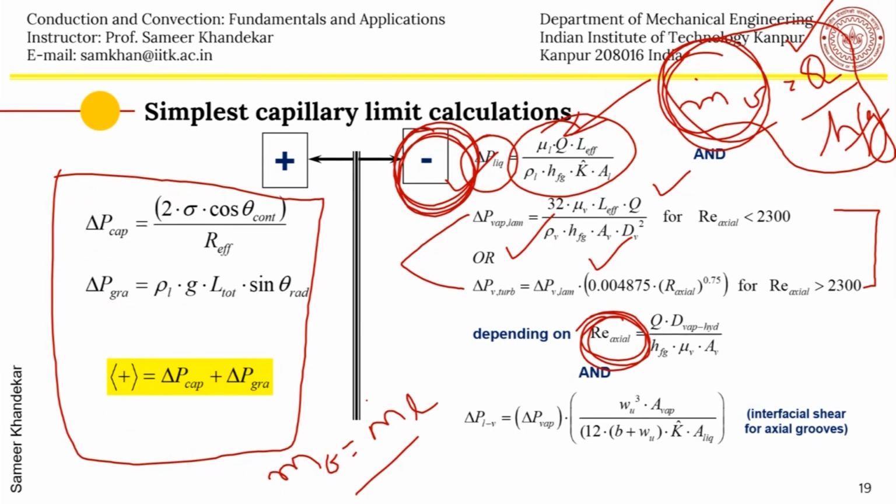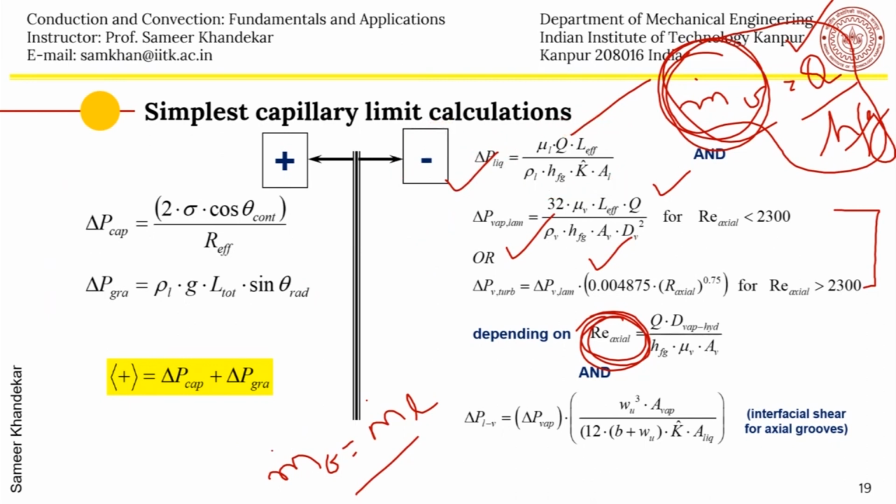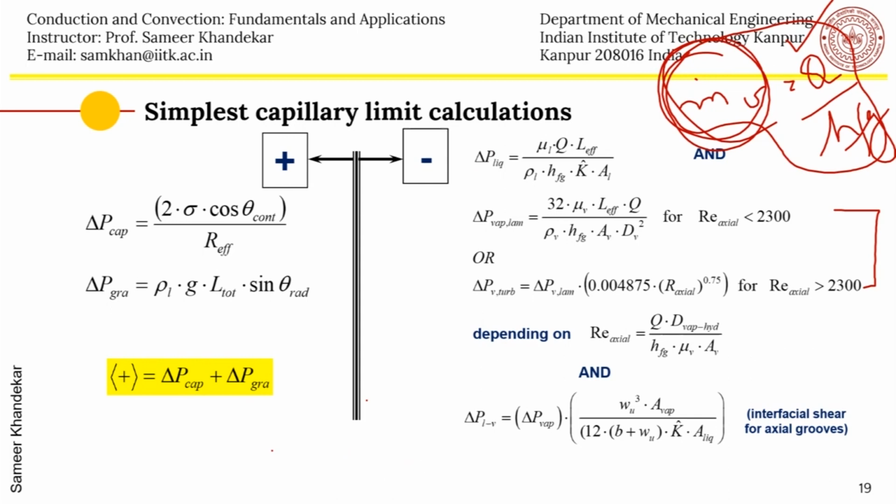So you compare the two, and one can get the Q max, which will lead to this particular inequality to hold. So if you do this for different types of meshes, by taking some heat pipe, say copper water, and then take some porous media, you can get curves like this, which are what are called the design curves.